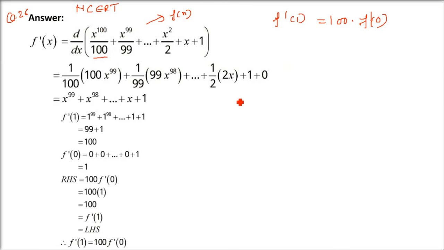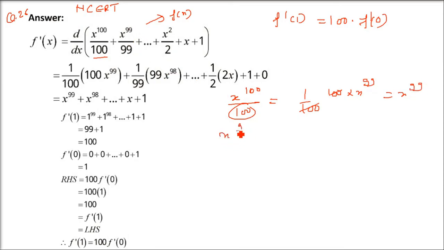So f'(x) we have to find out. First, x raised to 100 by 100, we have to differentiate it. So 100 is a constant, just take it outside. Derivative of x raised to 100 is 100 x raised to 99, you can cancel it, x raised to 99.